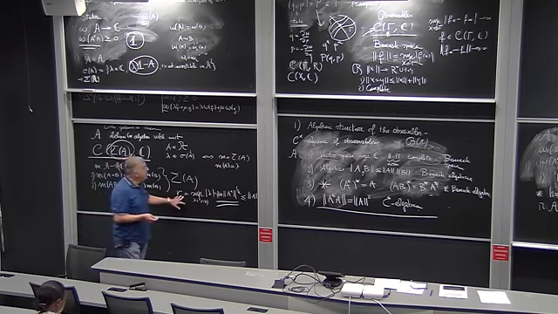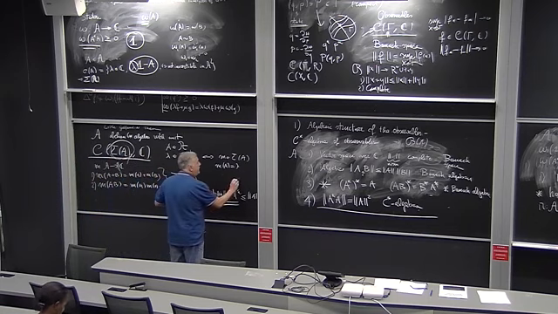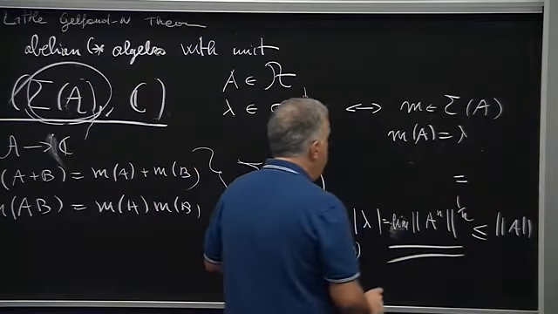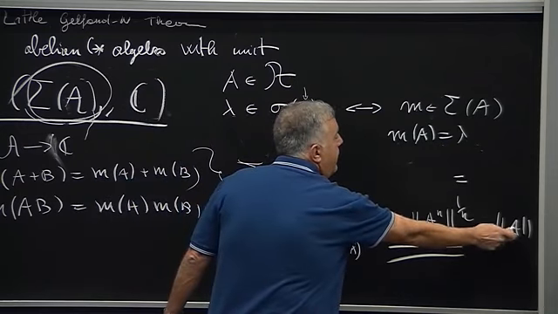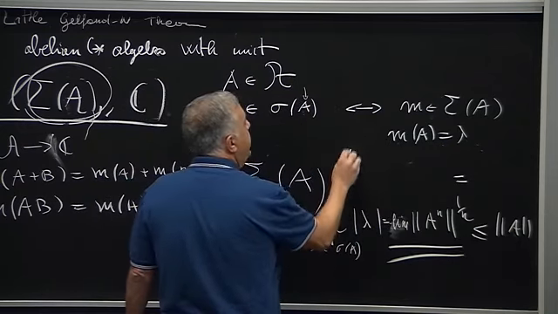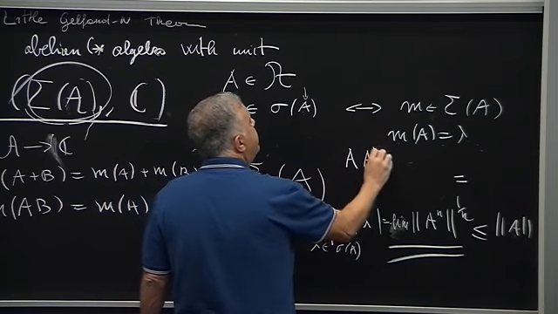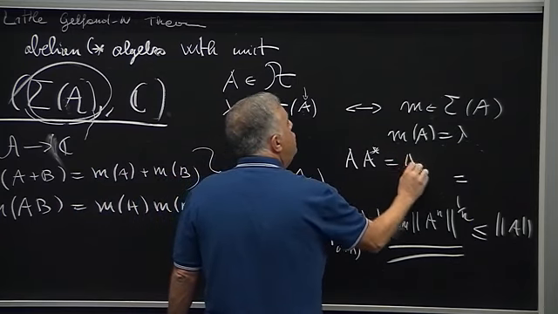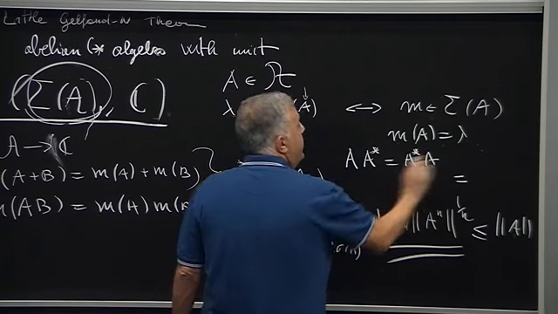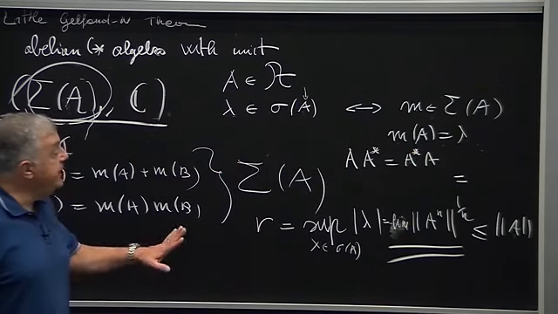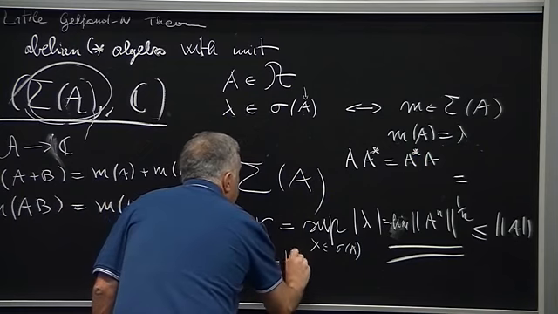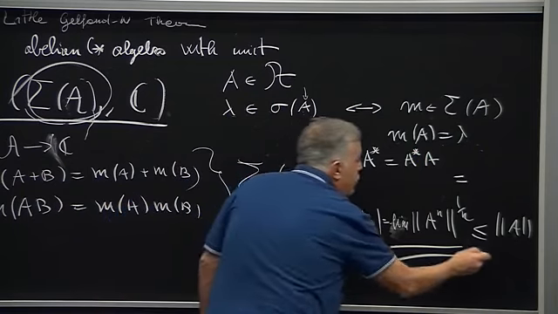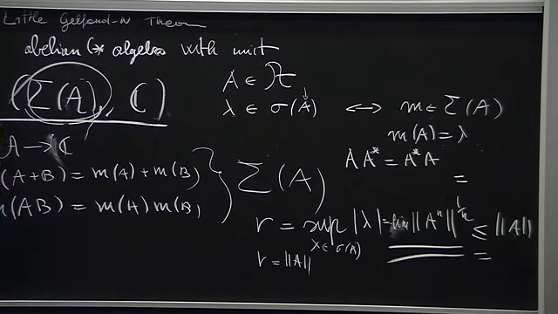So the point is that you have an identity here when A is a normal operator, and a normal operator is an operator which commutes with its star. If A is a normal operator, R equals the norm of A. You get an equality in the case of a normal operator.